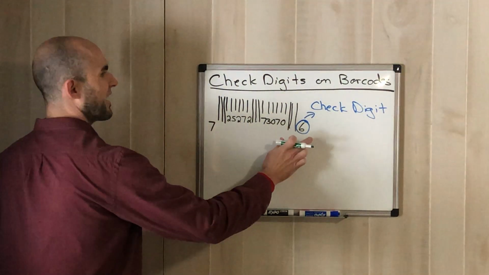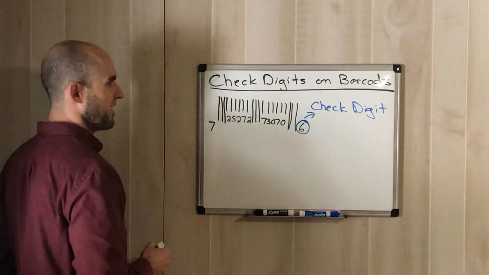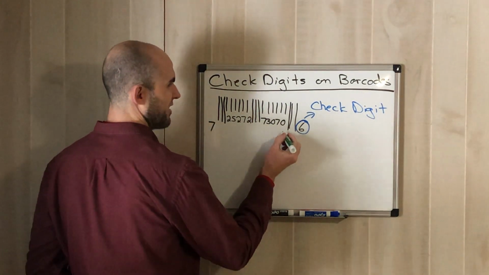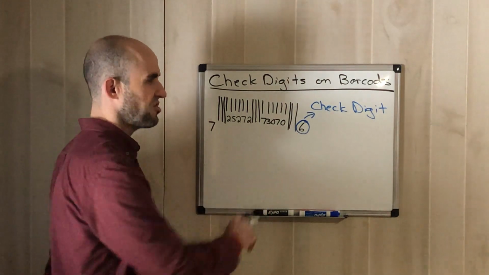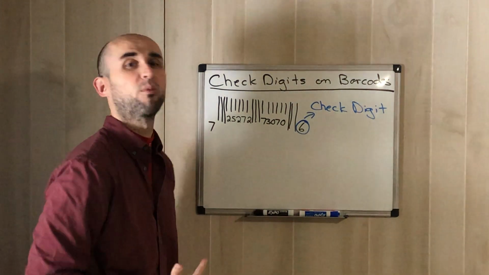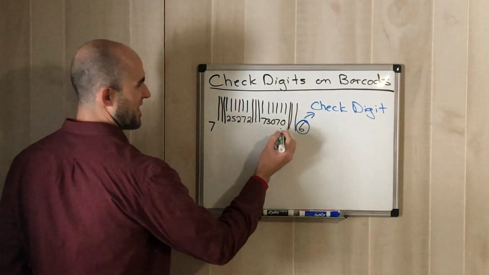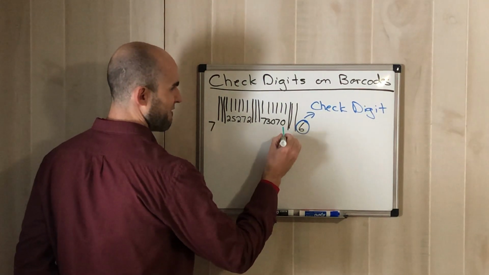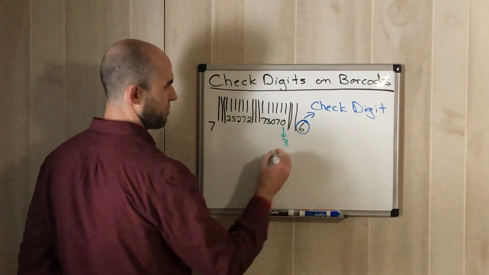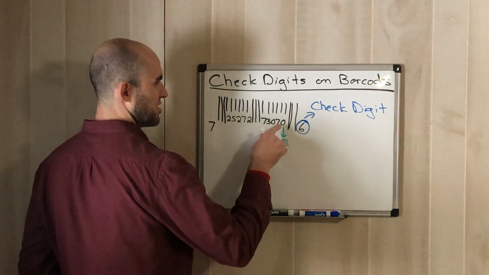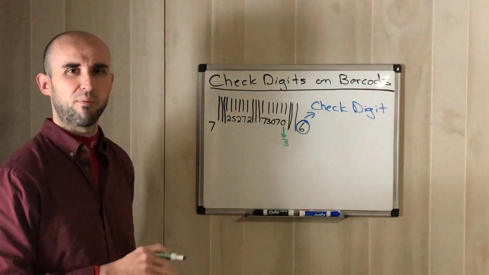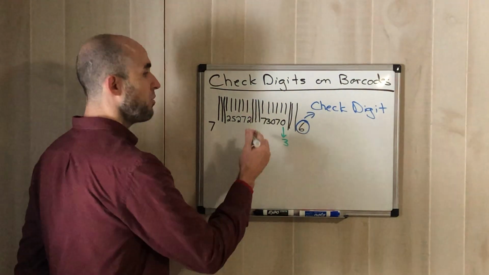So to check if this check digit's correct, there's this pattern. The pattern is always to start from the right side. Never work with the check digit, pretend it's not there because that's what we want to check. Start from this last number, and that first number you always multiply by 3. So start with the farthest number on the right, multiply by 3, and now you always skip a number.